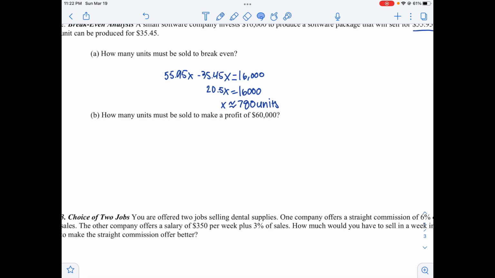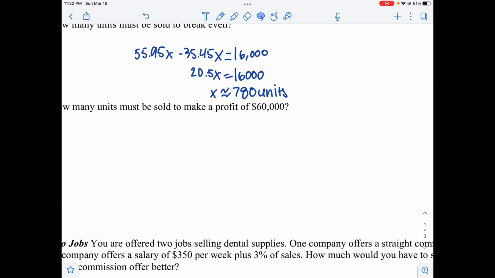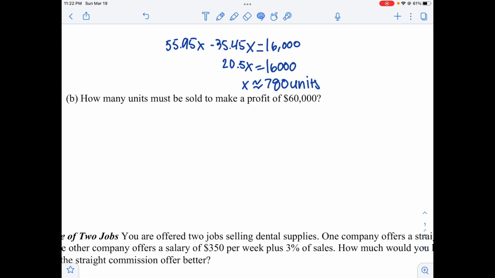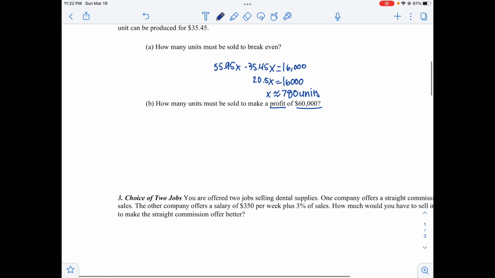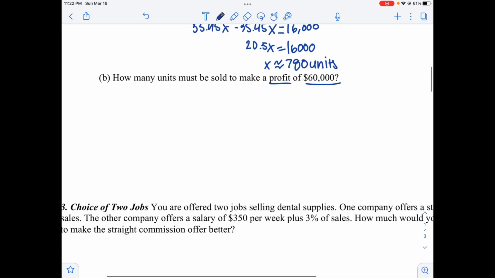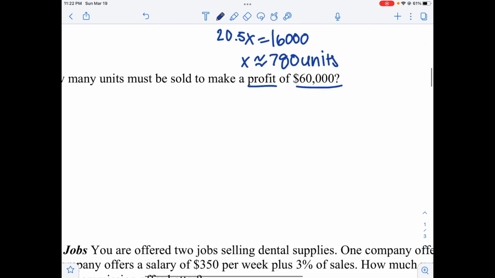For part B, we need how many units must be sold to get a profit of $6,000. So we're going to set it up: 55.95x minus 16,000 plus 35.45x.